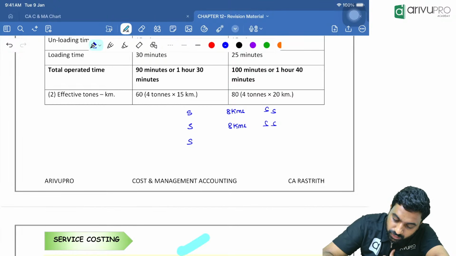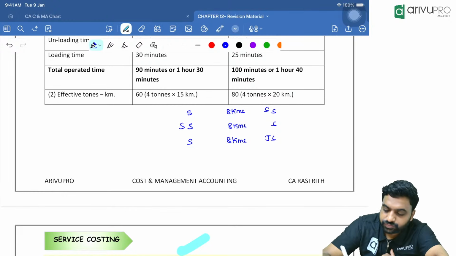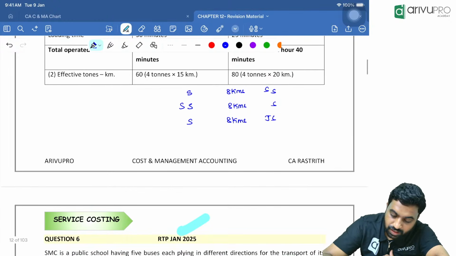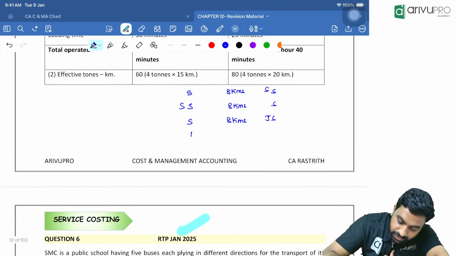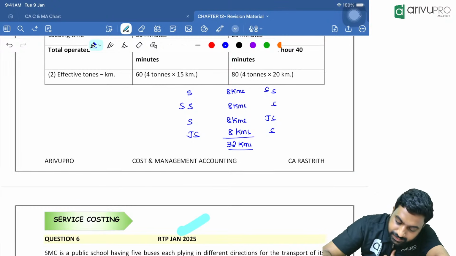From school, it will go to junior students' house. They will pick the junior students. From the junior students' house, they will come back to school, which is 32, right?